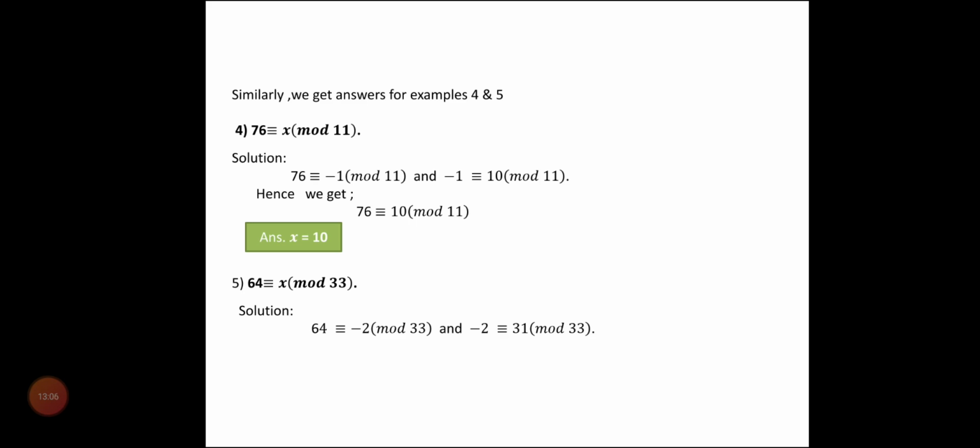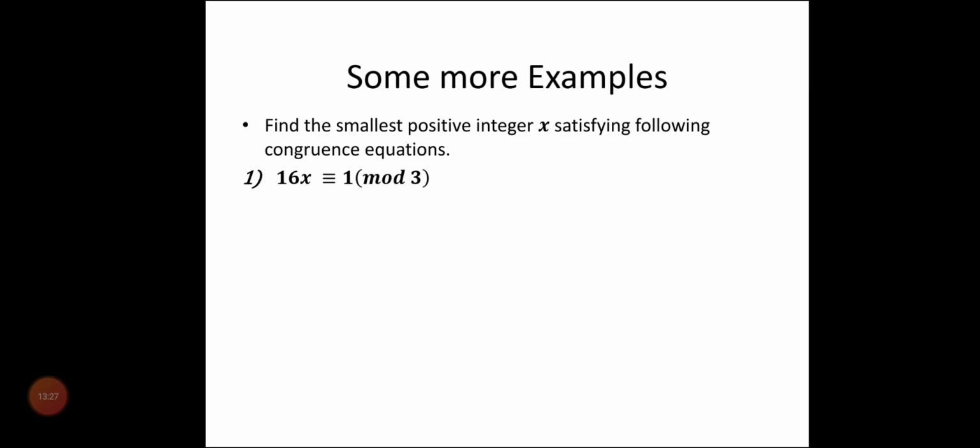So it lies between 1 and 33. And again by using the property of transitivity, we get 64 is congruent to 31 modulo 33, and therefore the answer is x is equal to 31.